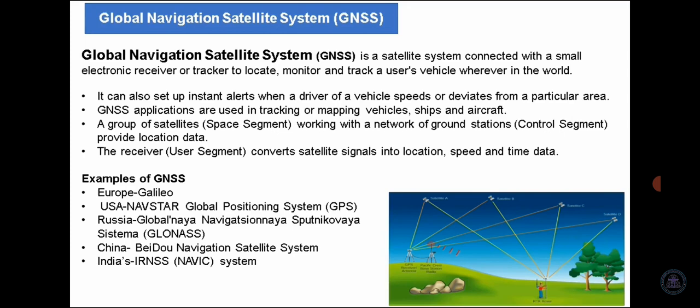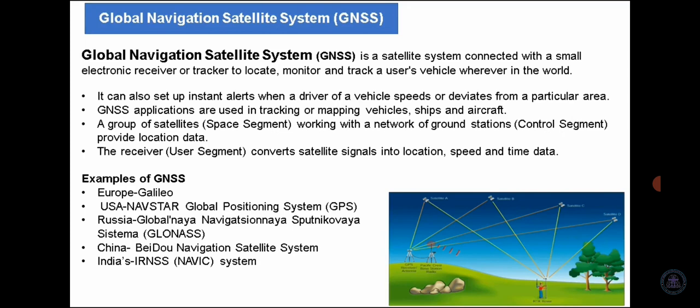Global Navigation Satellite System is a satellite system connected with a small electronic receiver or tracker to locate, monitor, and track the user's vehicle wherever in the world. It can also set up an instant alert when a driver of a vehicle speeds or diverts from a particular area.